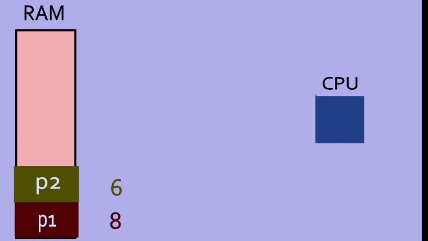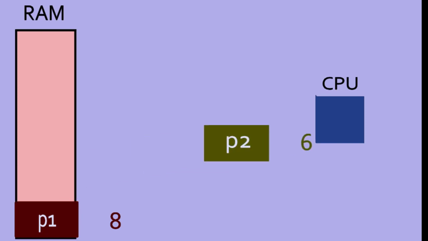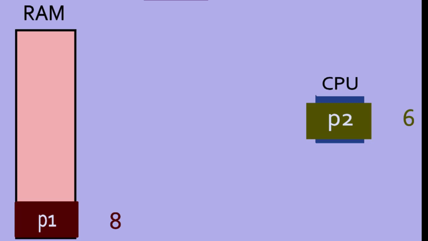Now out of these two, P2 has less CPU burst as compared to P1, so P2 will go for execution. Because the CPU burst is 6, it now starts execution. The CPU will start executing the process P2 because it is of 6 milliseconds.